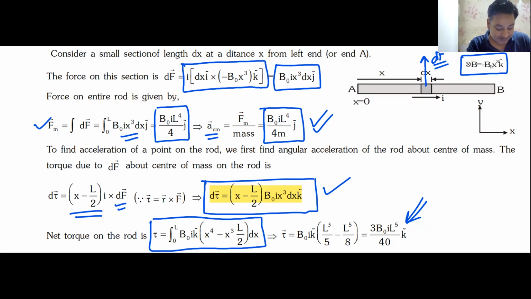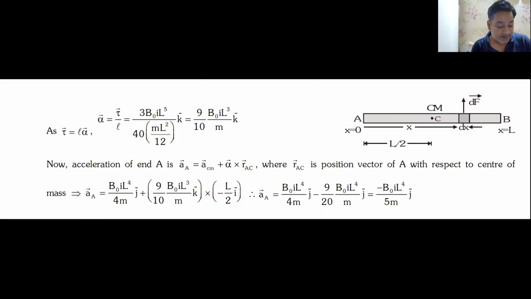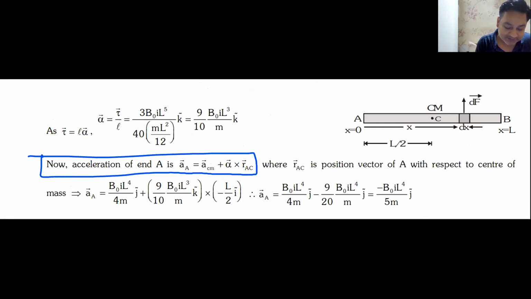Now, if I have to find out the acceleration of a point, I will have to apply that formula. What formula? The acceleration of any point will be the acceleration of the center of mass plus alpha multiplied by the radius vector of that point with respect to the center of mass.